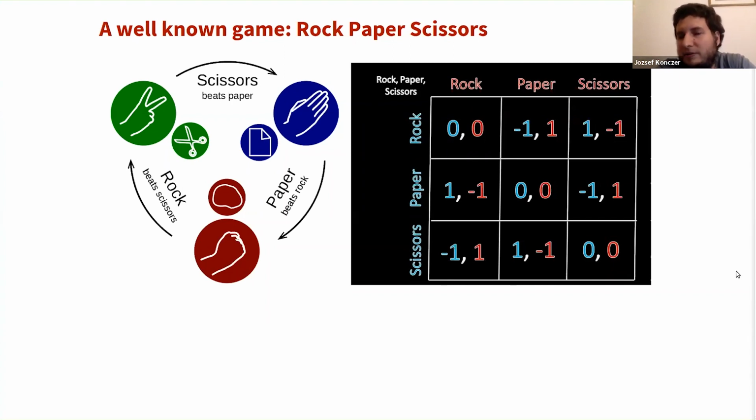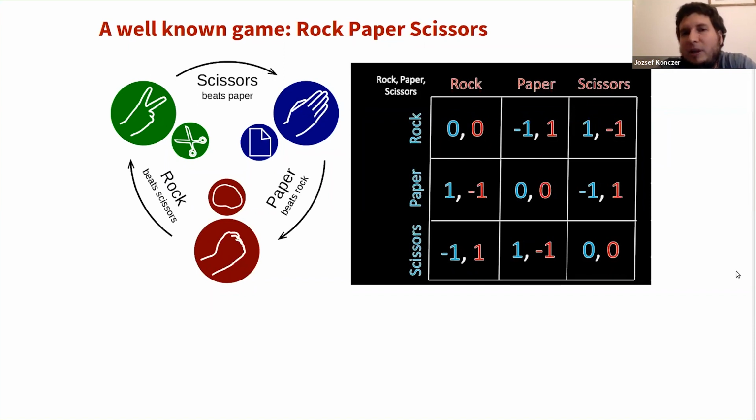If both players show the same, then nobody wins and nobody loses, and otherwise one person is winning, one person is losing. Here, the blue player is the so-called row player, and the red one is the column player. And you can see the payoffs, the wins or the losses, encoded with numbers: zeros, -1, and 1.